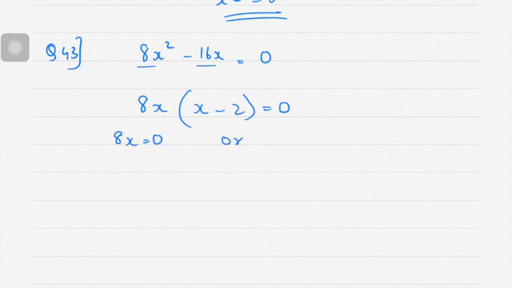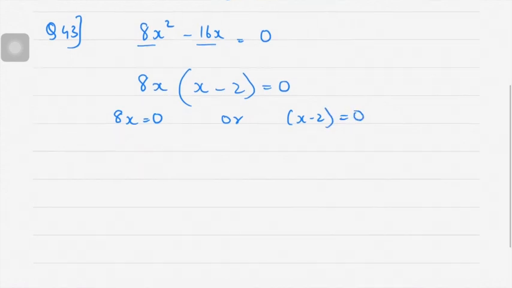When I say 8x into (x - 2) is equal to 0, that means either 8x is equal to 0 or x - 2 is equal to 0, or both can be equal to 0. That's why we say if a into b is equal to 0, then any one has to be 0; only then will the product become 0.